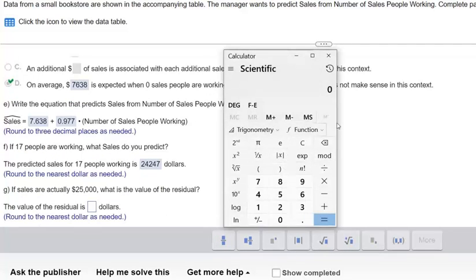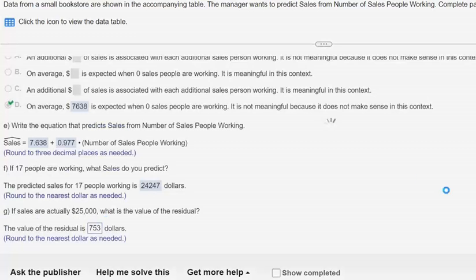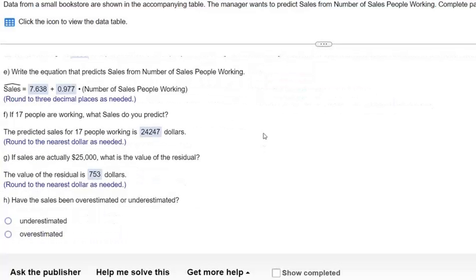So the residual is going to be found by taking the observed value subtracted by the expected value, 753. Okay. And that order is important because you have negative and positive. It'll be wrong with the wrong sign if you don't do it in that order. The tradition for the residual is you take the observed value subtracted by the expected value.